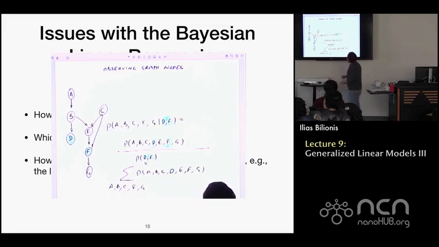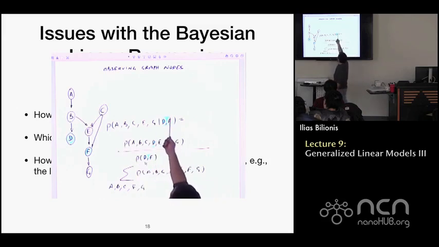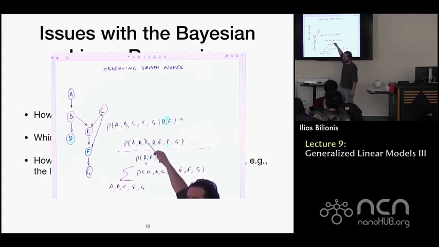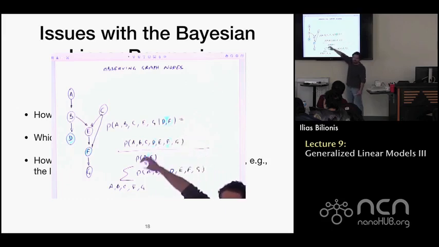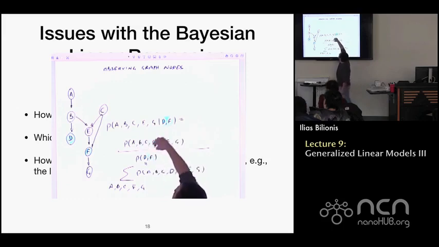Or if you like, the conditional probability that you wanted is basically proportional to the joint distribution of the graph, but wherever you have observed something, you just replace the random variables with their values. It's proportional to that, and then what you have on the denominator is just the normalization constant. It's just something so that whenever you sum over everything, you get one.